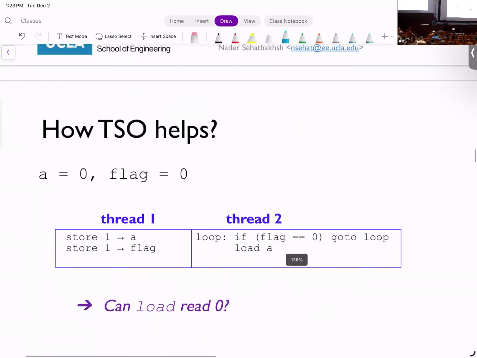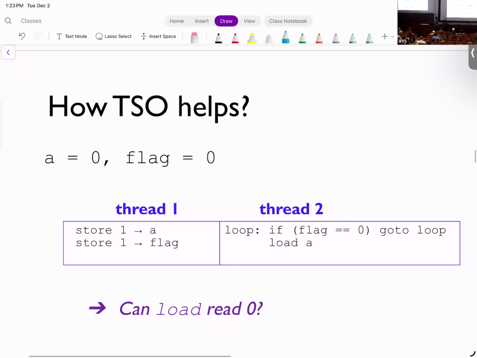So for example, how does TSO help here? Imagine that you have a multi-threaded program where in thread 1 you store 1 to A and you store 1 to flag. So A is equal to 1 and then flag is equal to 1.